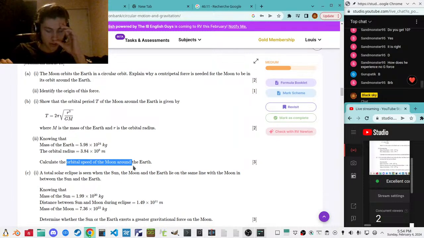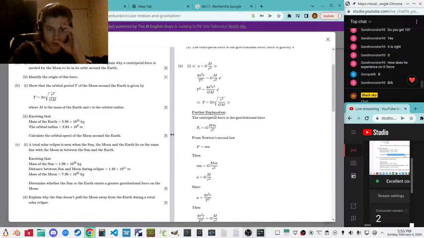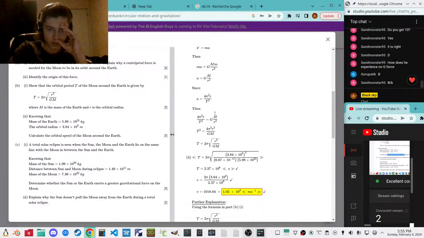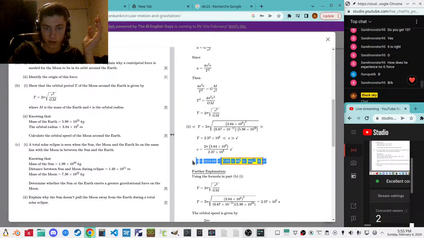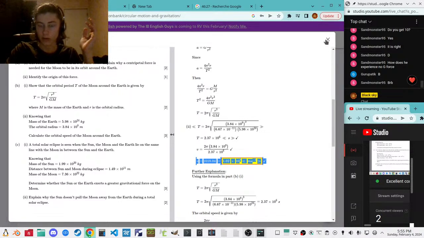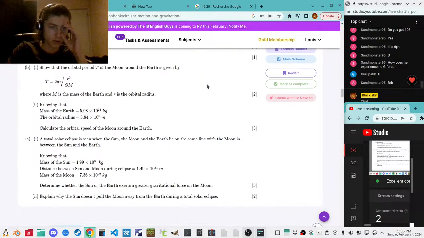Is the orbital speed the velocity or the omega? Because that changes things. Yeah, v. v is not omega. So what are they on about with the whole thing?